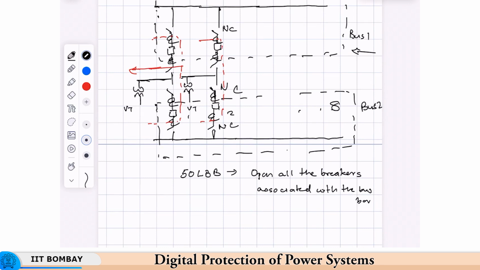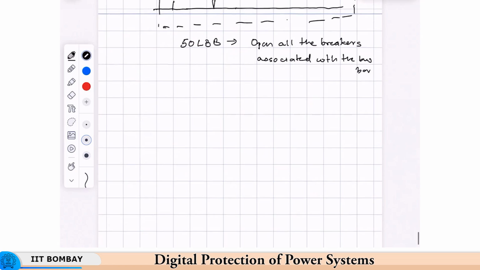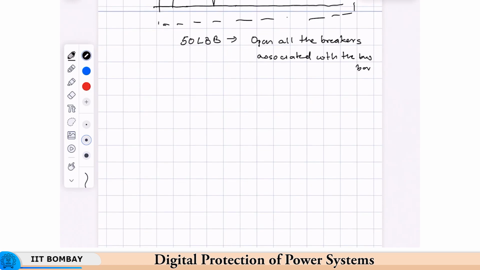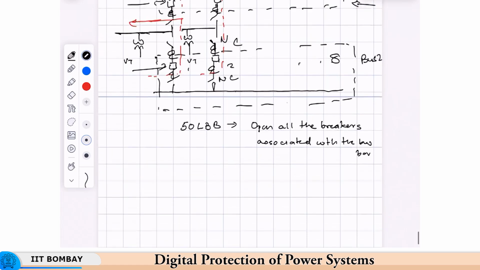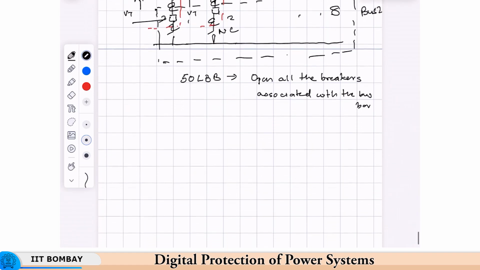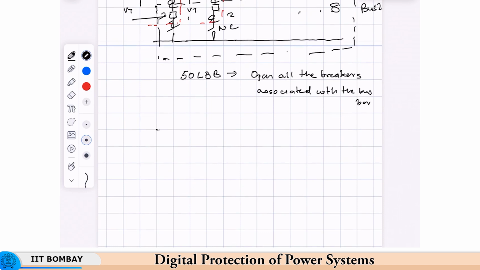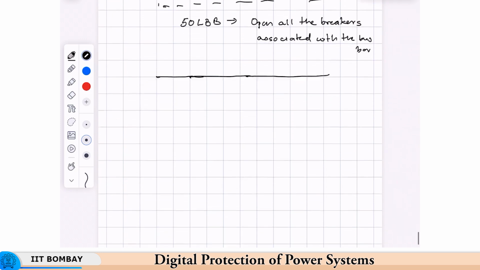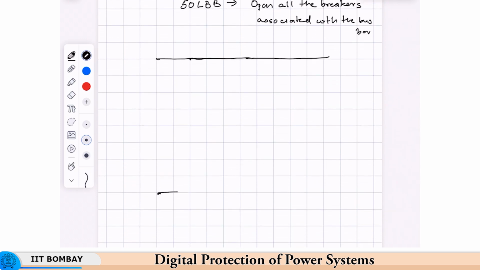For this line, for example, you need one breaker here and another breaker here. So, to have most of the flexibility but avoid the cost associated with one breaker, we have another scheme, which is a slightly modified version of the double bus double breaker scheme, known as the 1.5 breaker.